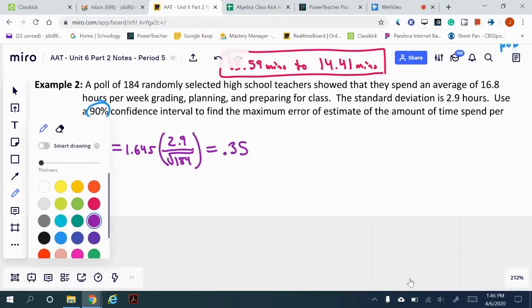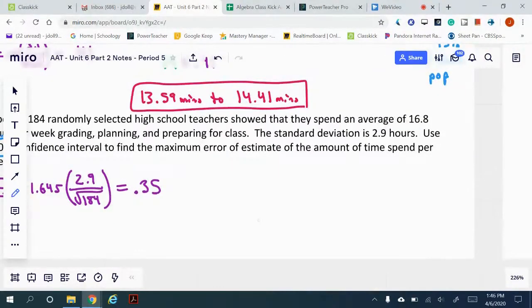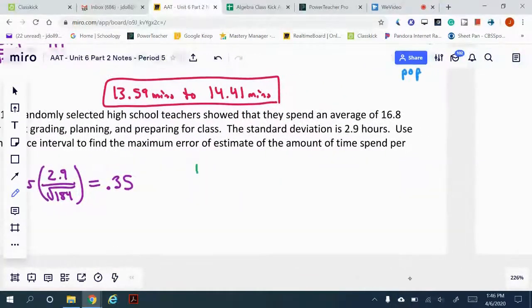So again, what is that saying? That's saying that our average, which was 16.8 in the sample, we can expect an error, a margin for error of 0.35 above and below when we are projecting that sample back onto the entire population here.